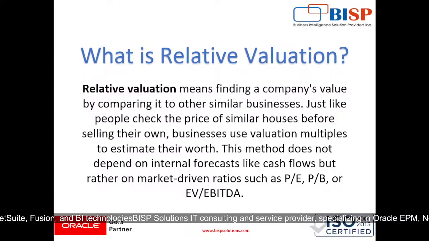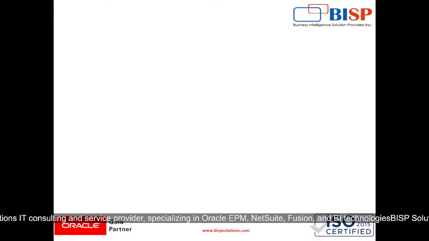Businesses use valuation multiples to estimate their worth. This method does not depend on internal forecasts like cash flows, but rather on market-driven ratios such as PE, PB, or EV upon EBITDA.